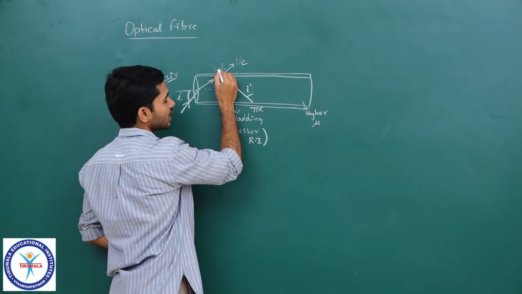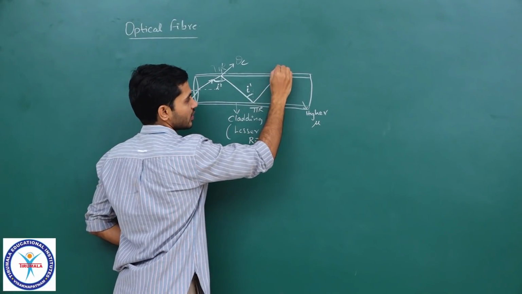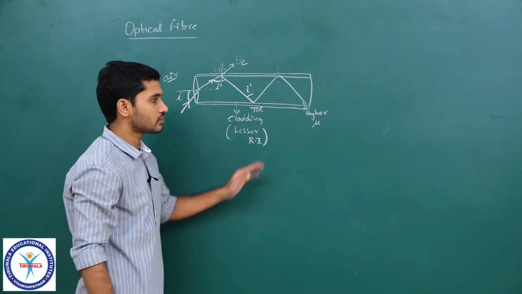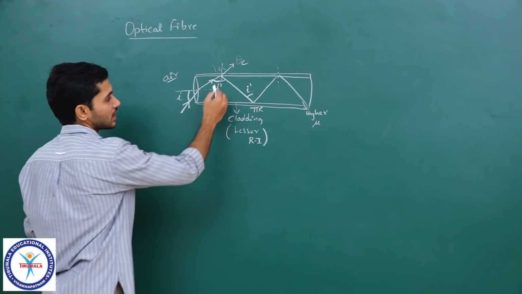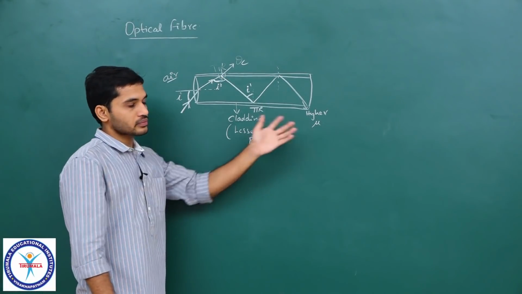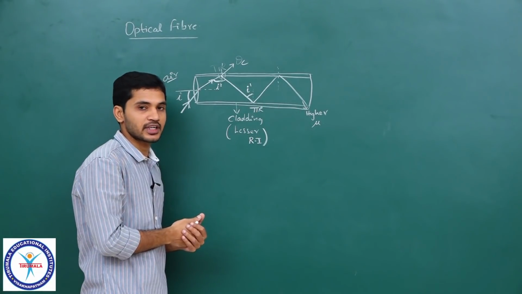So, if TIR takes place here, it takes place here as well. If it takes place here, we can once again use the same concept and say that it takes place here as well, and that keeps continuing. If I make sure that the light ray is undergoing TIR at one particular position, I have ensured that TIR takes place throughout the length of that fiber.